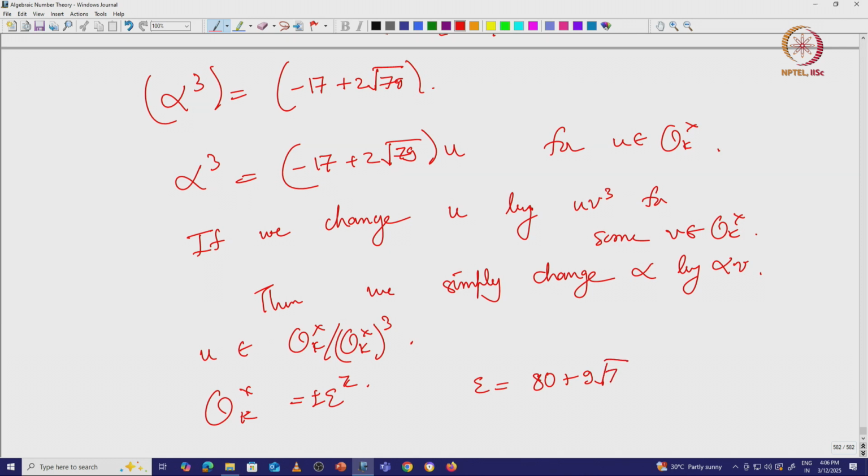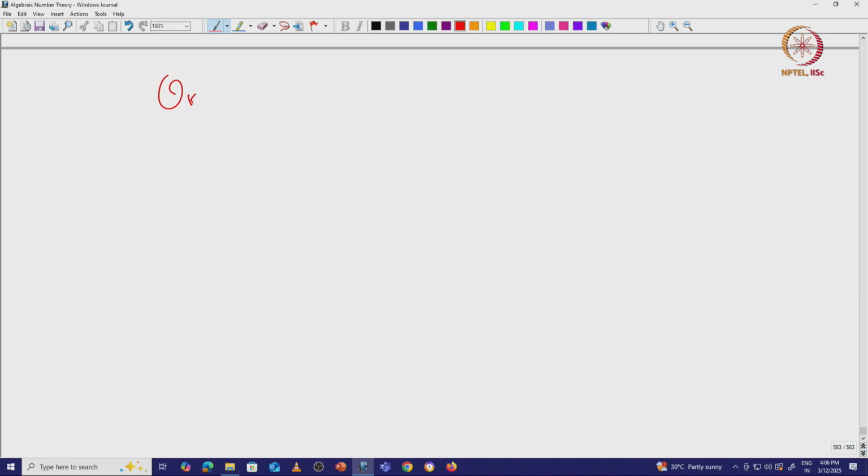You have to go up to 9 to get the fundamental unit. But this plus minus 1 does not make a difference. Minus 1 is also a cube. So, OK cross modulo OK cross cubed is 1, epsilon, epsilon squared, that is all.